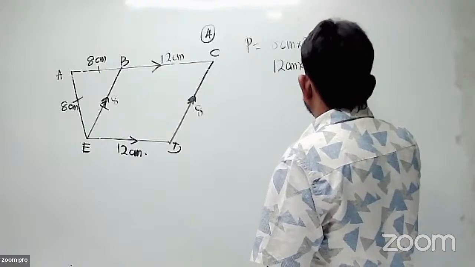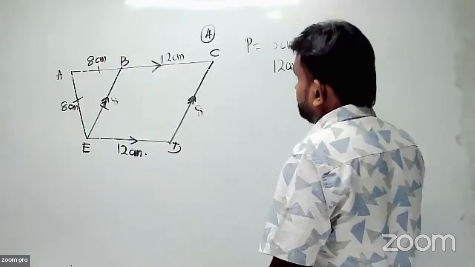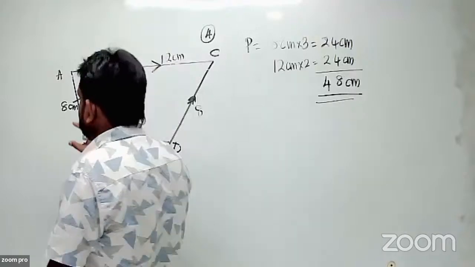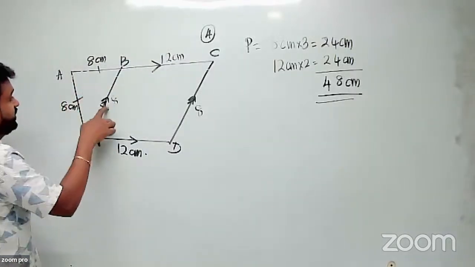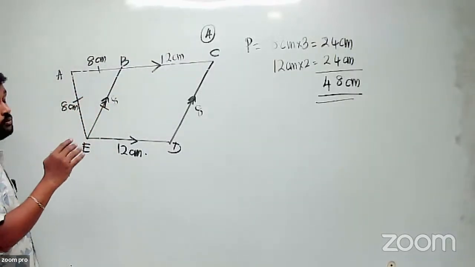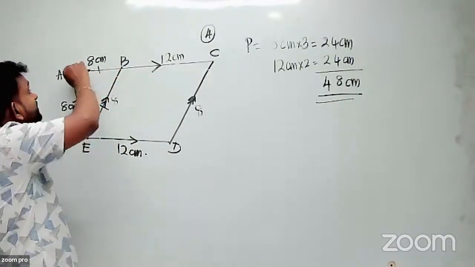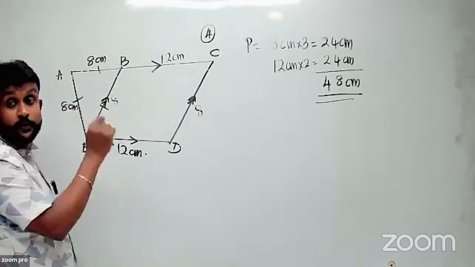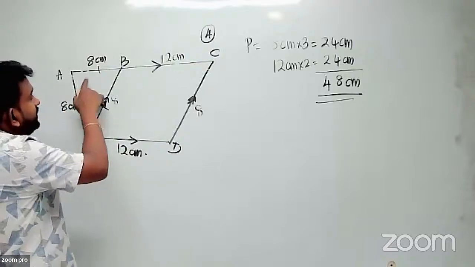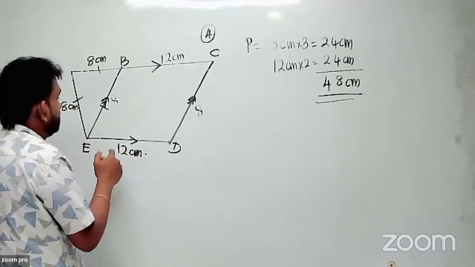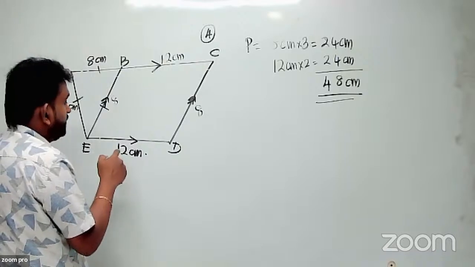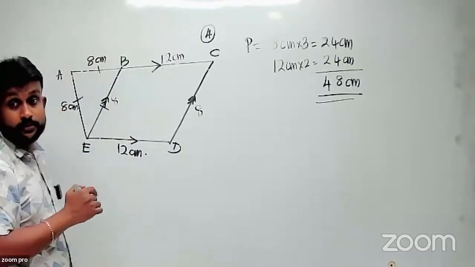Then that gives you 48 centimeter. Because this is an equilateral triangle, all three sides equal. But remember, you are not running through the internal length, just the outer length. That's the perimeter definition. Remember that. Then 20, 28, then 40, 48, right? Correct it.